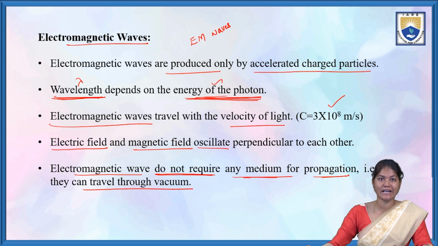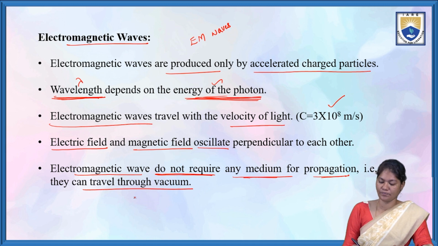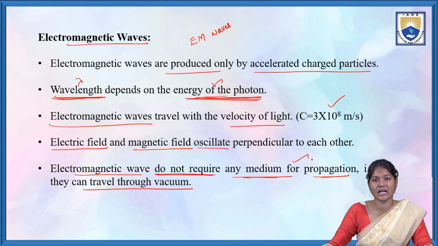The electric field and magnetic field oscillate perpendicular to each other and produce the electromagnetic field. Electromagnetic waves do not require any medium for propagation, so they can travel through vacuum.